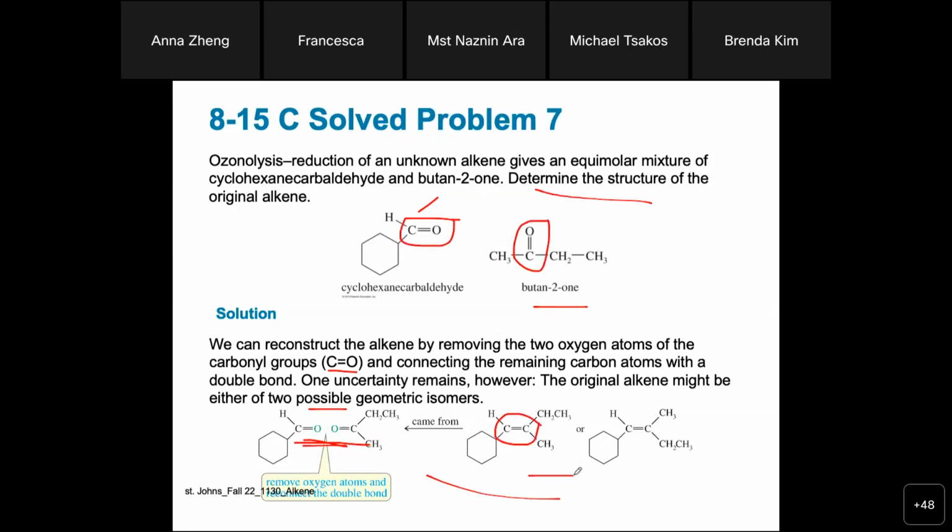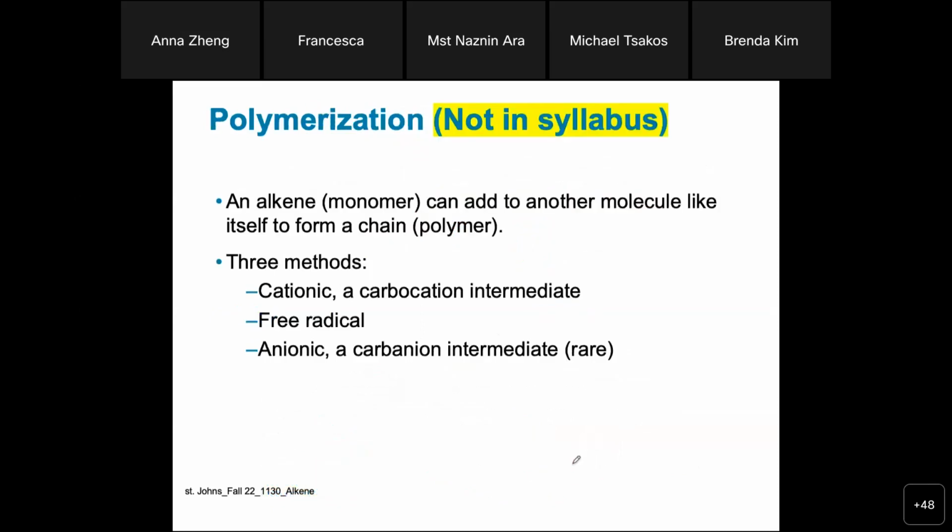This kind of mixture, I mean cis or trans or enantiomer mixture. And I must say that polymerization is a really interesting topic, but I have seen in the syllabus you don't have it. So that's all for the alkene chapter. Now I will move on to the alkyne, okay?